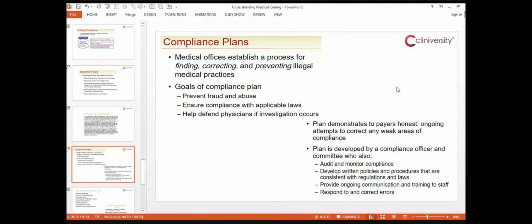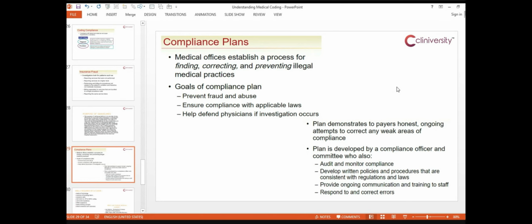Now, for compliance with such guidelines, there should be a certain plan. What plans can we use? Not all are mentioned here, but maximum are given. Medical offices establish a process for finding, correcting, and preventing illegal medical practices.